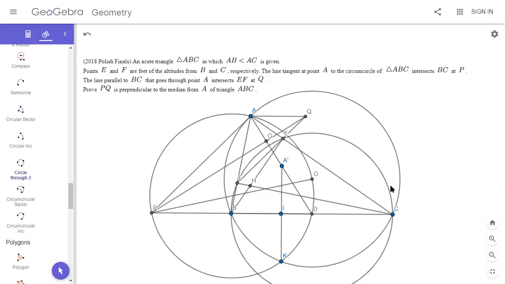So it's a well-known fact that AO is perpendicular to EF, right? So maybe we could show the angle that AO makes with AD is the same as the angle that EF makes with PQ. Not sure.